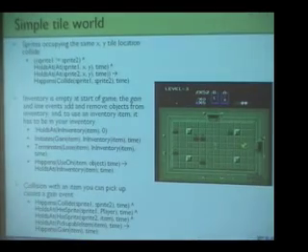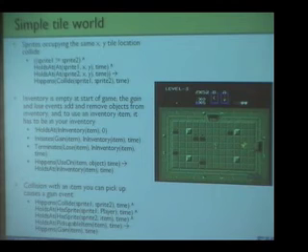All right, so here's an example of a simple tile world, like a Zelda world, represented in event calculus. We can say sprites occupying the same XY tile location collide. So that tells you something about collision in this world. Inventory is empty at the start of the game. The gain and lose events add and remove objects from the inventory.